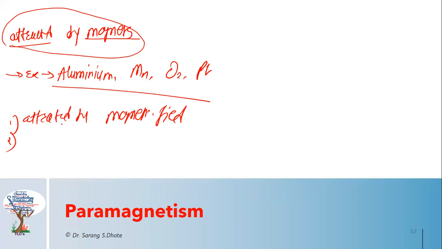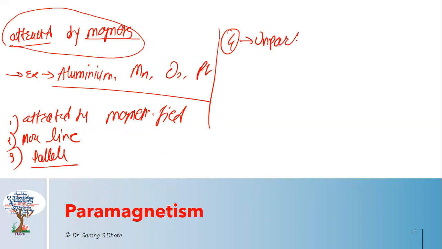Third, paramagnetic substances arrange themselves parallel to the magnetic field. Fourth, paramagnetic substances contain unpaired electrons. Fifth, the magnetic susceptibility of a paramagnetic substance is positive, that is, greater than 0. So these are the properties of paramagnetic substances.